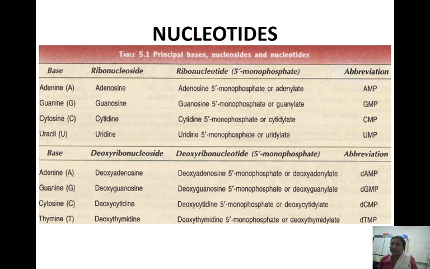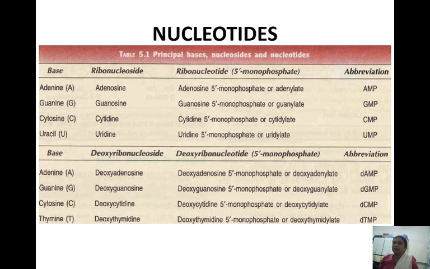Guanine with deoxyribose forms deoxyguanosine, phosphorylated to deoxyguanosine 5' monophosphate, dGMP. Cytosine with deoxyribose forms deoxycytidine and deoxycytidine 5' monophosphate, dCMP.